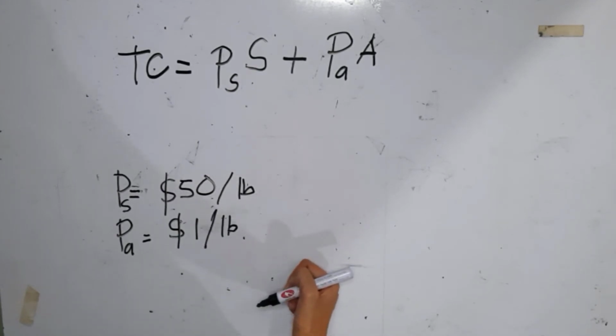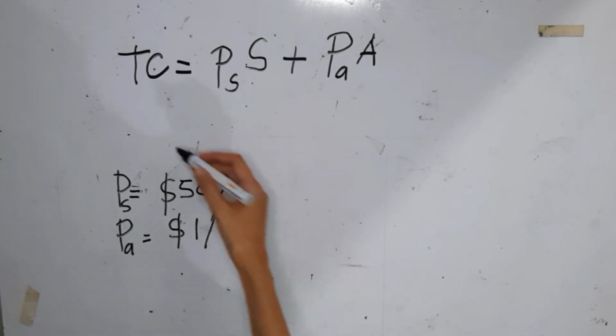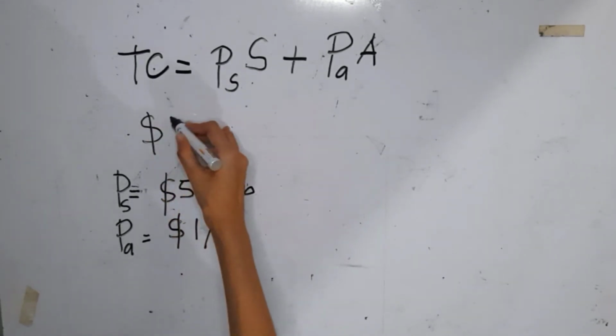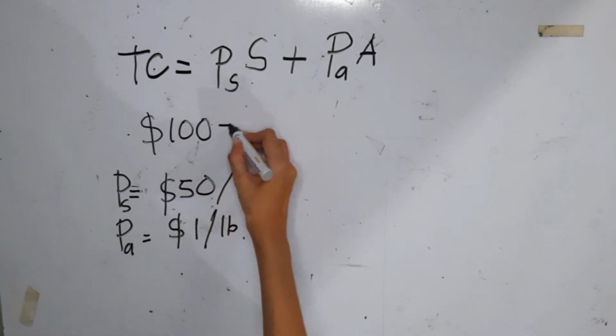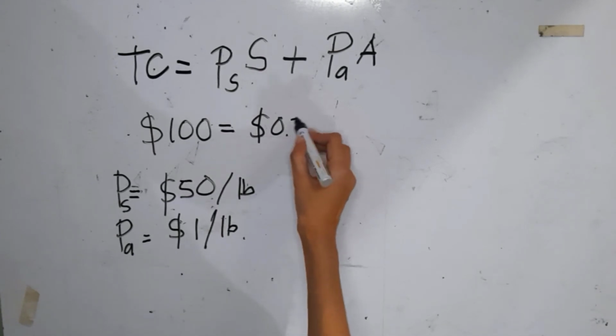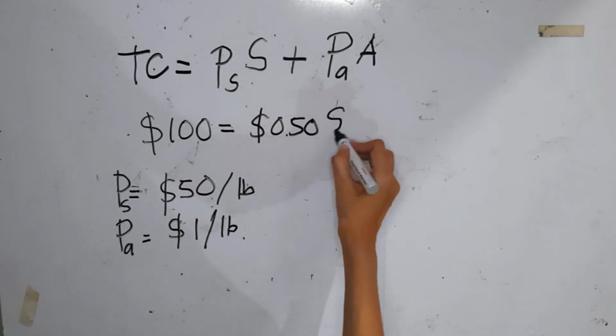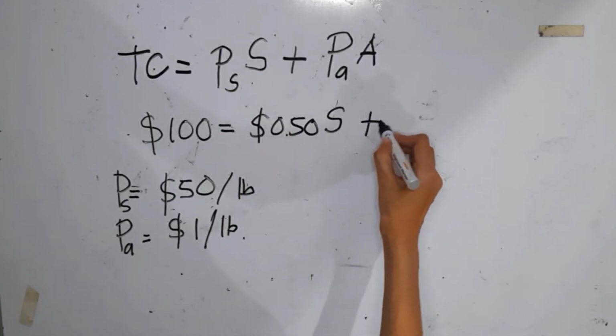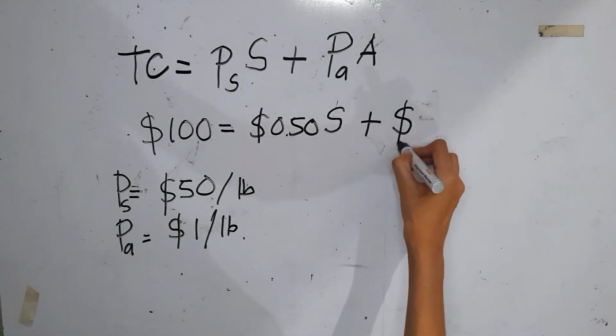So how do we illustrate this through a formula, given that your total cost level should only be at $100? So it is written this way: $50 of steel plus $1 of aluminum.